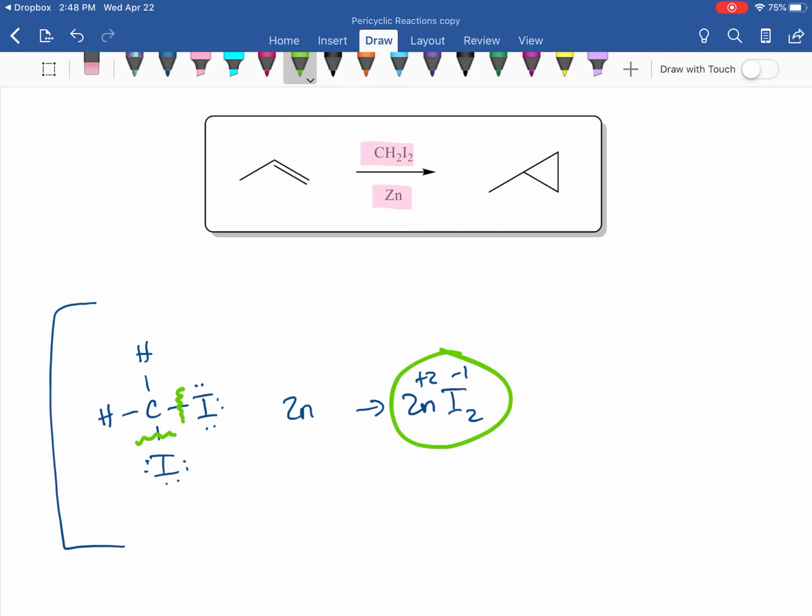In fact, you're about to make zinc iodide as a byproduct. That's where those are headed. But what's funky is that zinc is only going to take this electron and this electron with those iodines, thus the +2 and the -1. That's where your charges are coming from.